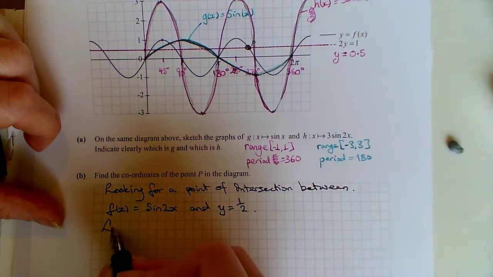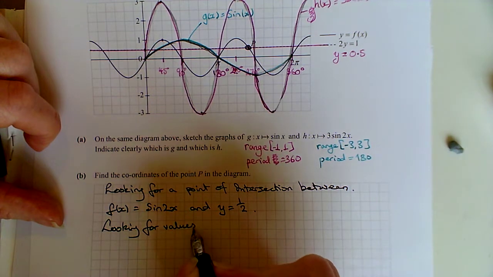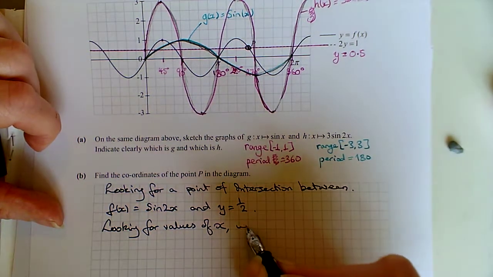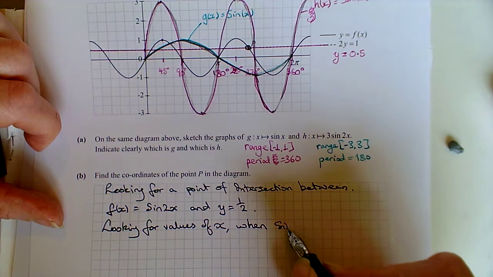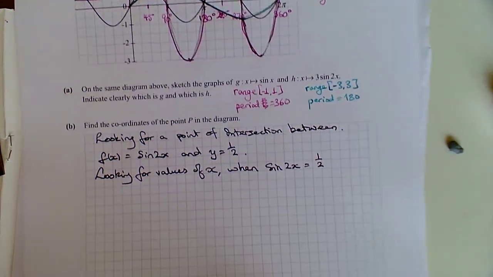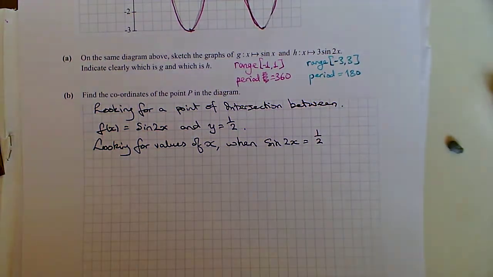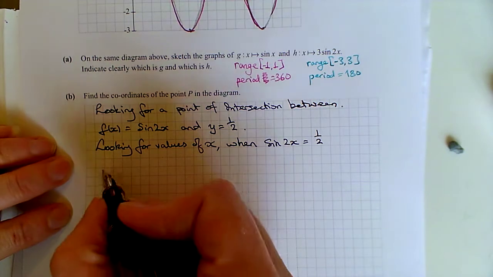So we're looking for the values of x when sine of 2x is equal to a half. That's what this question is asking me to do. And this is very like the first question we did now. So we are going to draw our unit circle.